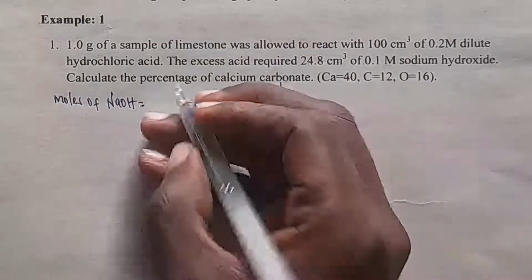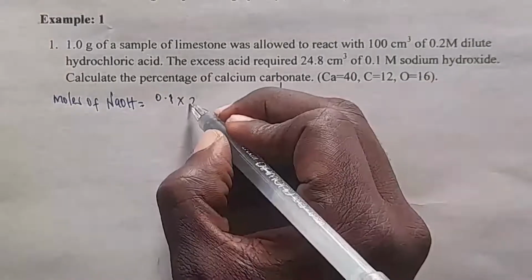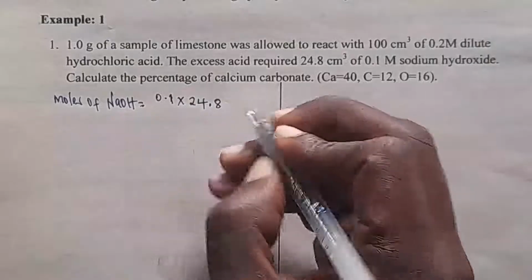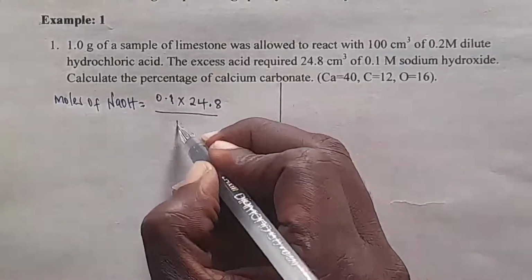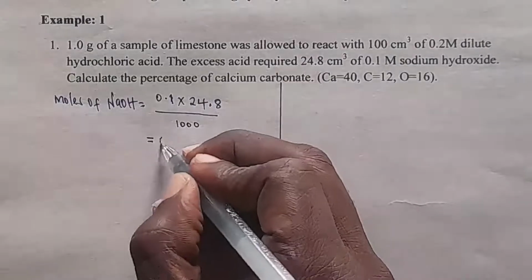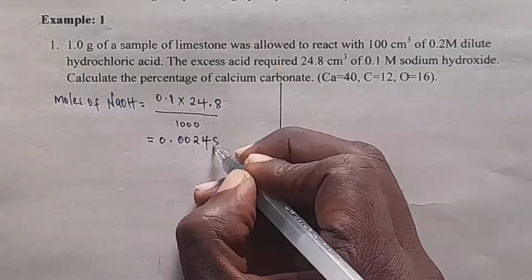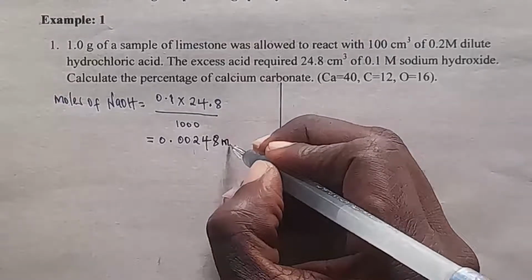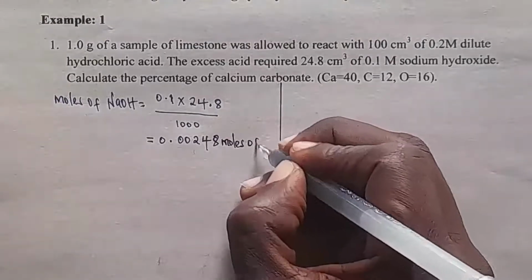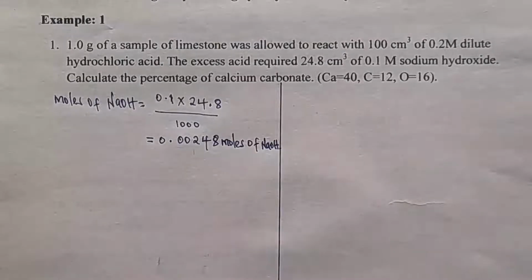So the molarity is 0.1 times the volume used, which is 24.8, divided by 1000. If we put all those in, we are going to get 0.00248 moles of sodium hydroxide. That's the first step.